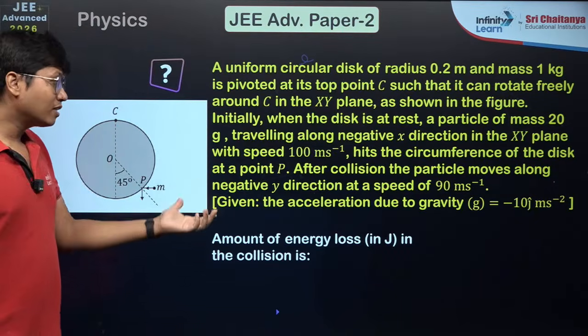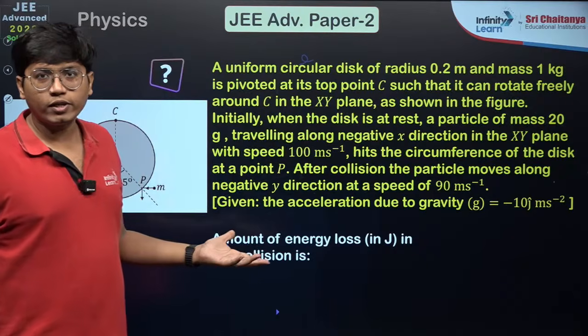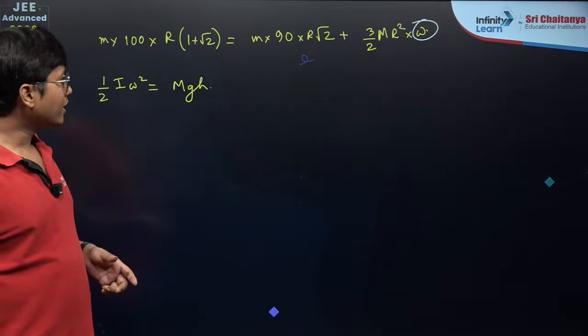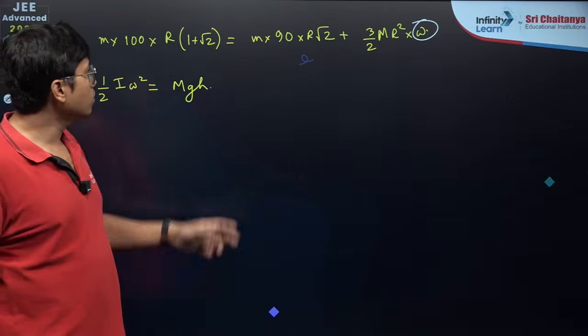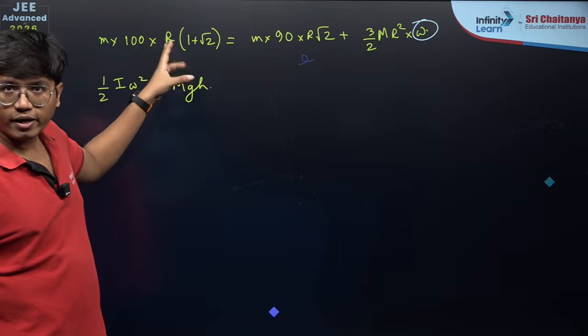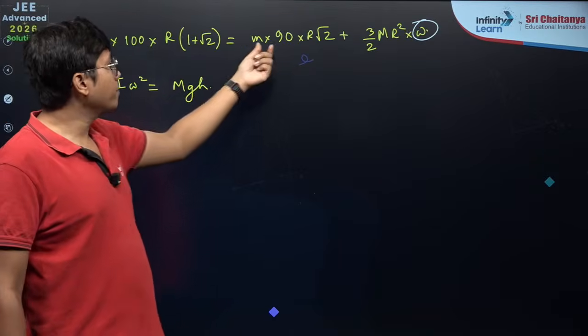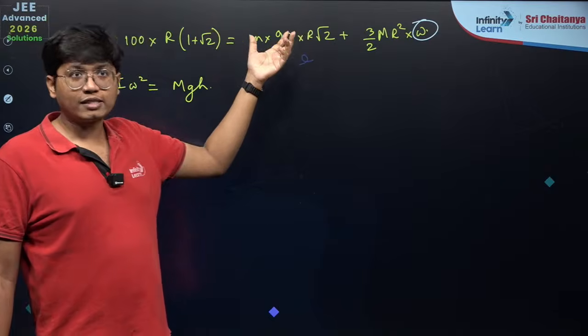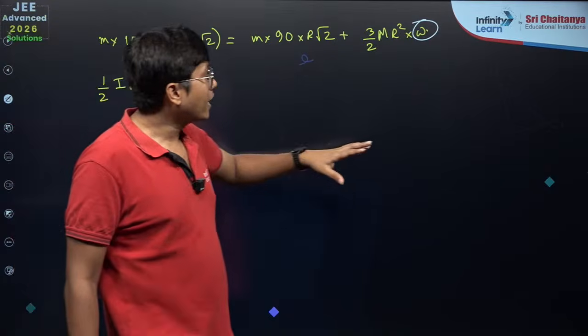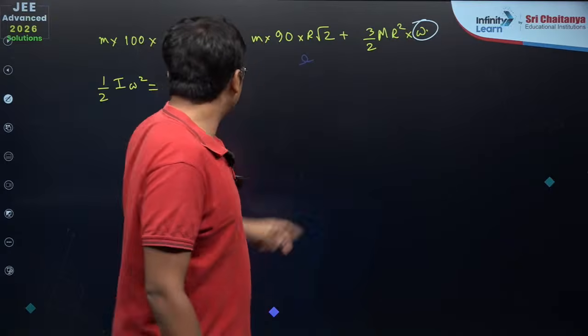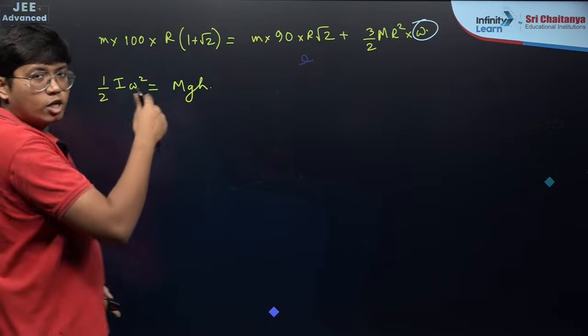And in the second part, that is the loss in energy, straightforward. Over here, you know the initial kinetic energy is half small m into 100 square, half mv square. In the final case, it is half small m into 90 square, because that still has a kinetic energy, and along with that, it also has this rotational kinetic energy. So you subtract.